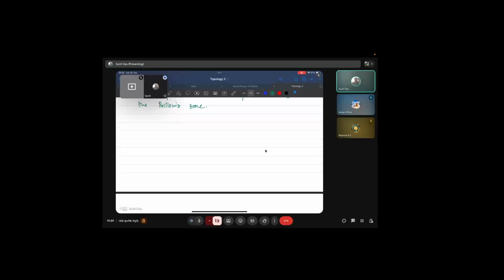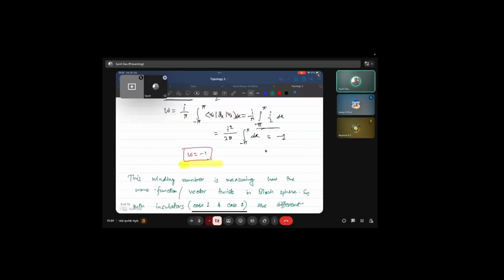So what this necessarily means is that the winding number measures this twist, and the winding number is a global quantity. Why am I saying this? Because I am integrating over all of the k space, right?